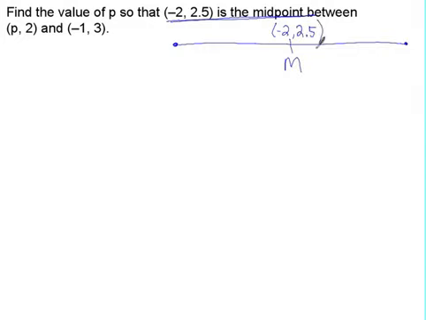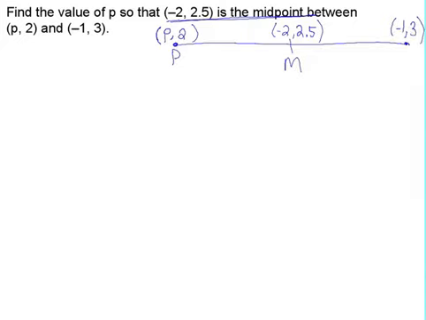There is the midpoint, okay? Between, and I have two values. P, put P here. This is P, comma 2. And the other coordinate down here is negative 1, comma 3.